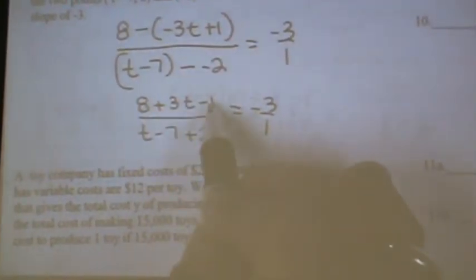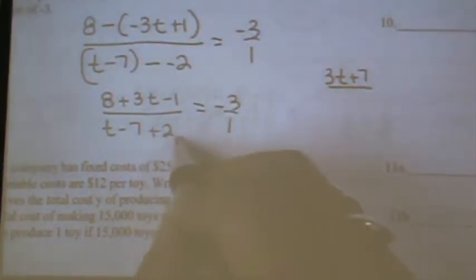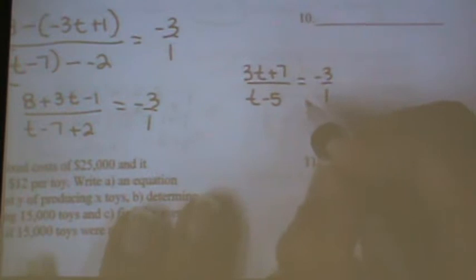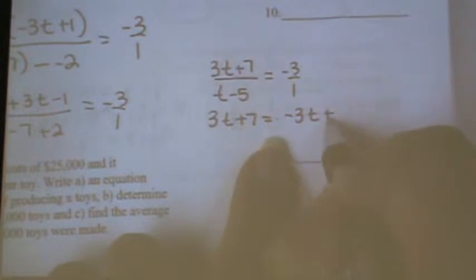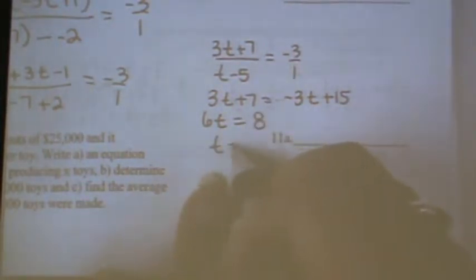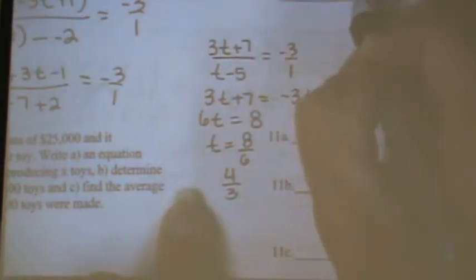You're going to add 8 and negative 1, and negative 7 and 2, and then cross multiply: 3t plus 7 times 1 is 3t plus 7, and negative 3 times the denominator gives negative 3t plus 15. Add 3t here, you get 6t equals, subtract 7, you get 8, divide by 6, and you get 8/6, which is 4 over 3. That's your answer.